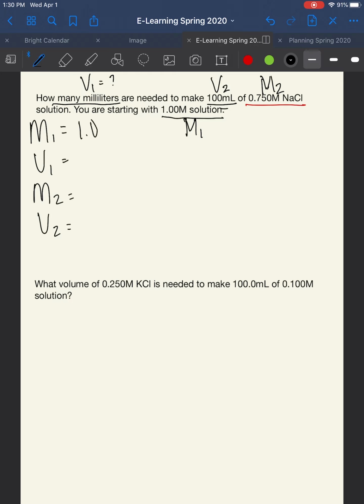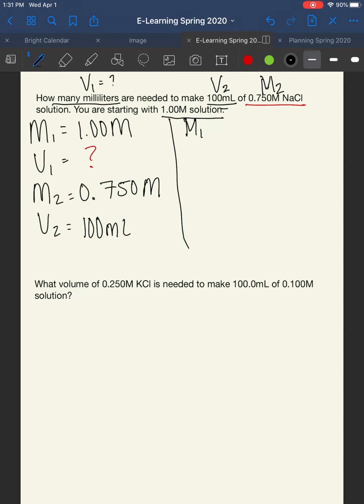So again, my starting molarity is 1.00 molar. I don't know what my starting volume is, so that's going to be my unknown. My M2, my desired molarity after dilution, is 0.0750 molar, and my desired volume after dilution is 100 mLs. Now let's plug this in and solve.